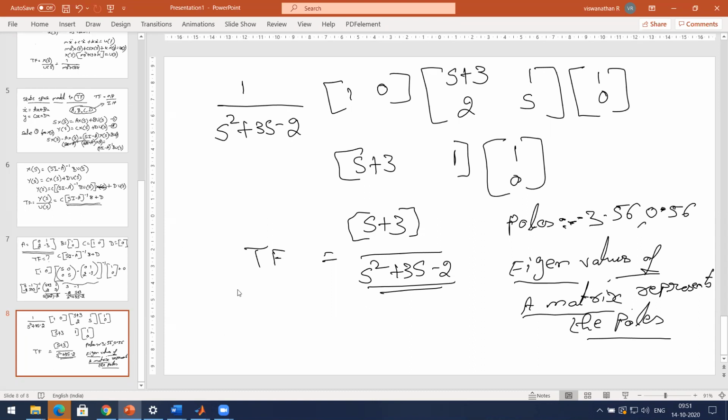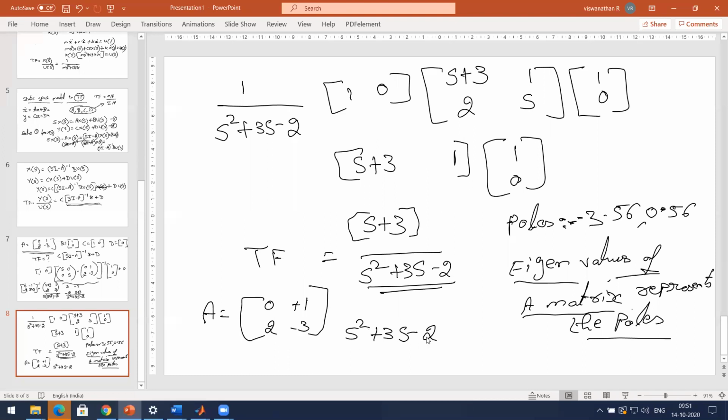If you see this, A is equal to [0, 1; 2, minus 3]. How do you find the denominator? You can take it as s square plus, this is minus 3, so it is plus 3s, and this is plus 2, so this is minus 2.